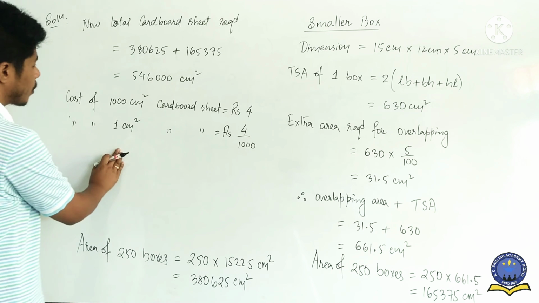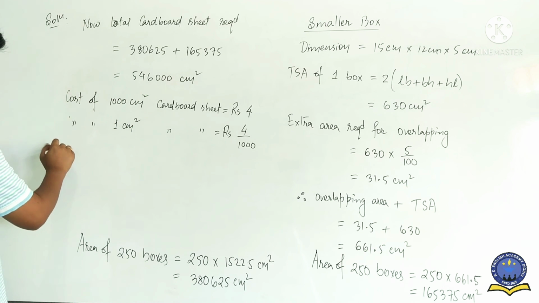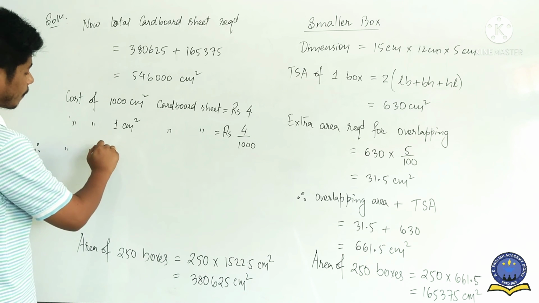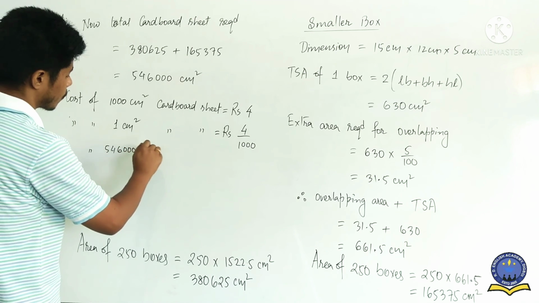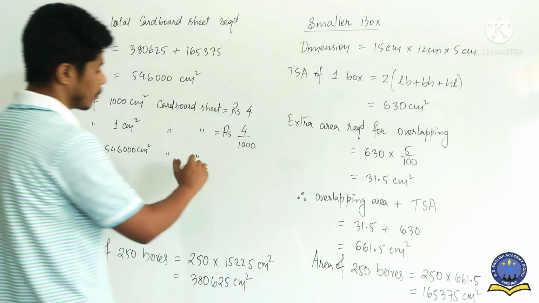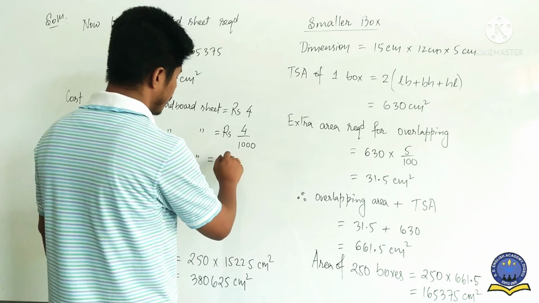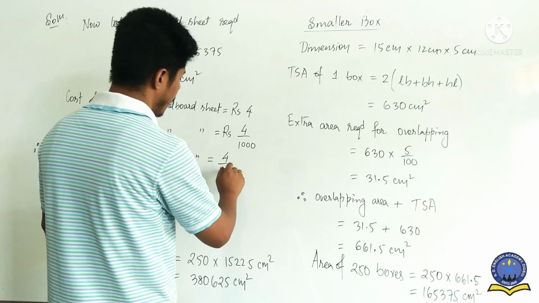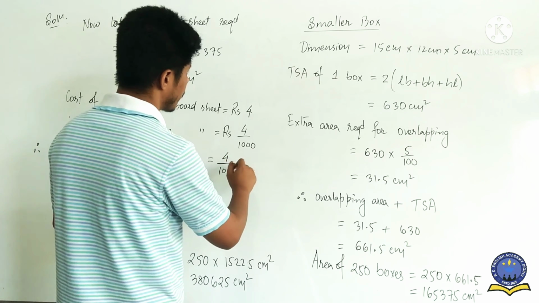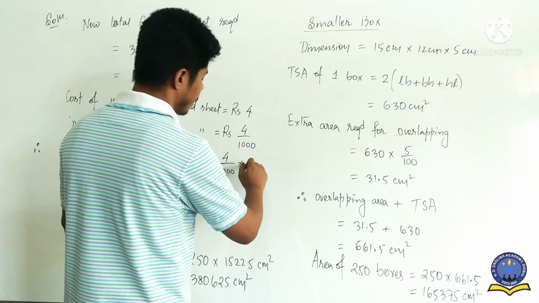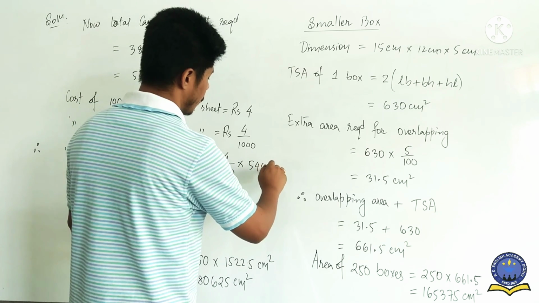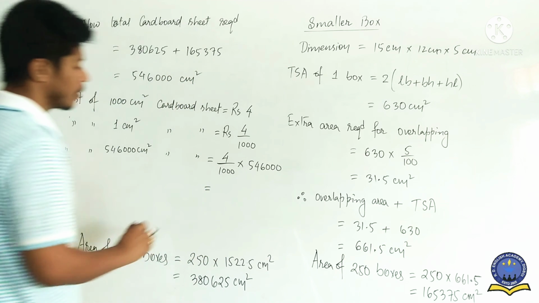So therefore you have to write the cost of 546,000 centimeter square cardboard equals 4 by 1000 into the total area, 546,000. So we have to calculate this.